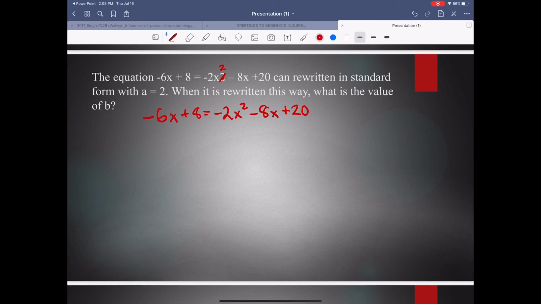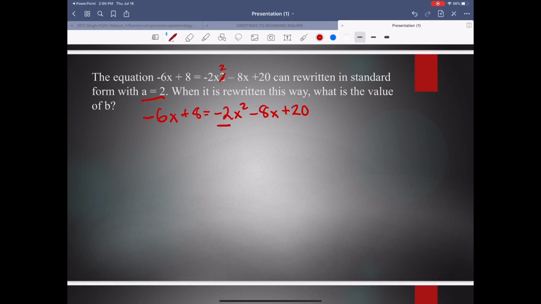I do know it's quadratic because I see the x squared there. Now, as I read the problem, it says it can be rewritten in standard form where a equals 2. So I look at my a right now. As it stands, it is not positive. So that means it expects me to rewrite this by moving this term to the other side. So I'm going to go ahead and do that.